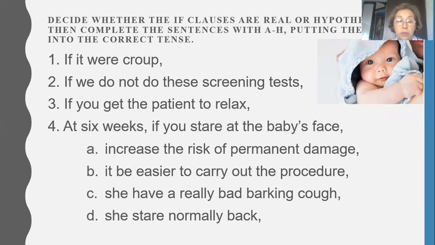We need to make some changes. We need to change the verb have. How can we change it? If it were group, the beginning tells us which type of conditional clause it is, the first conditional or the second conditional?